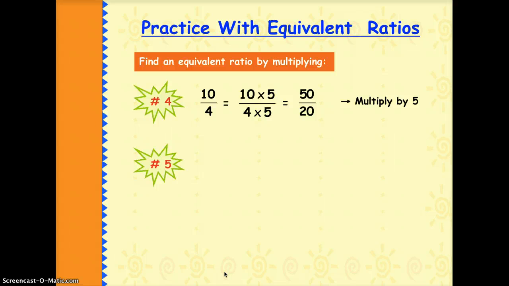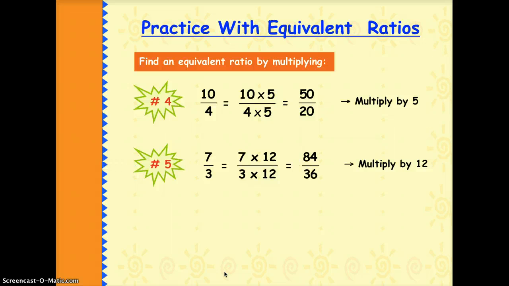Fifth example, using multiplication to get equivalent ratio. For 7 out of 3, you multiply the numerator and denominator by 12, you will get 84:36. 7:3 is equivalent to 84:36. 7:3 is the simplest form or the lowest form.